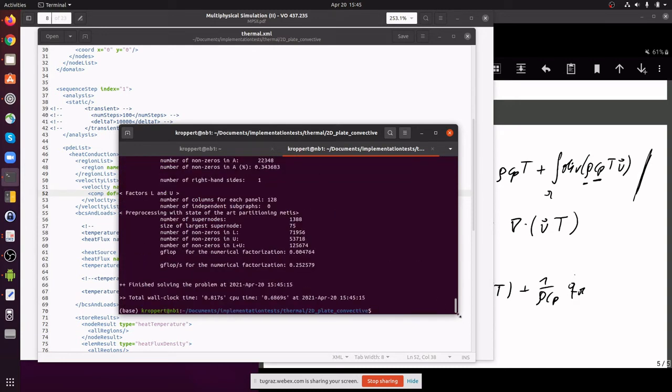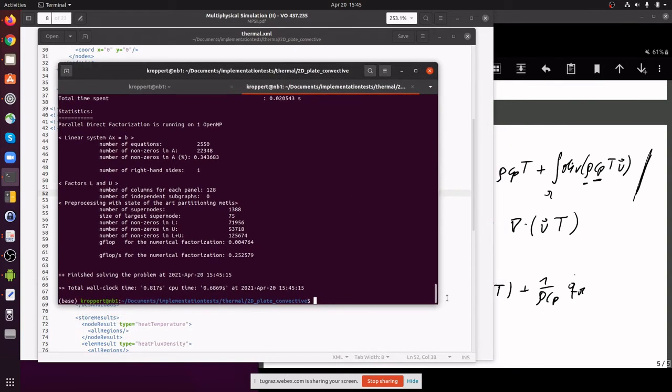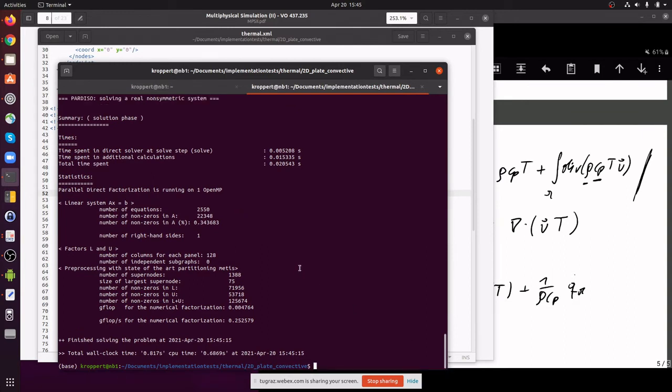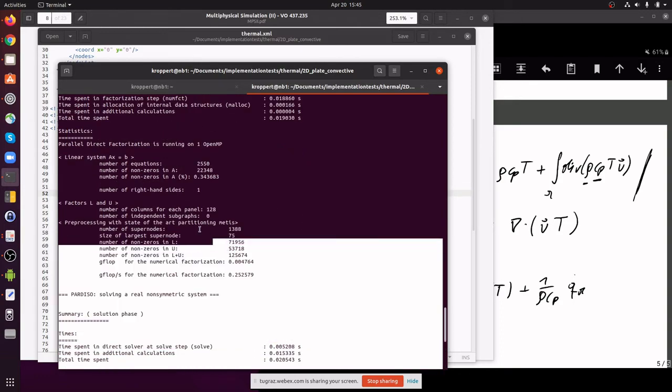Okay, and let's observe the solver statistics. So this was the computation with a small velocity. I will copy the solver statistics.